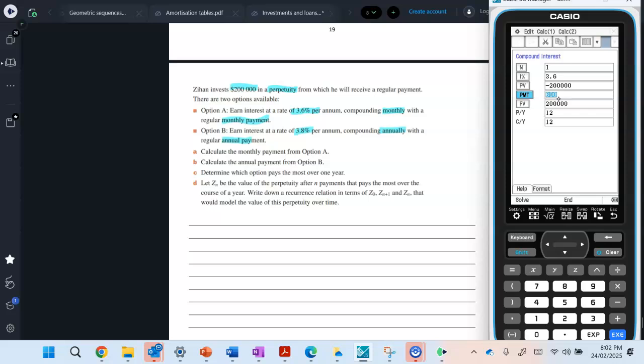Now, option B, we have a higher interest amount, so we're going to change that to 3.8. The amount's still the same, all right, but the compounding periods is annually, so we need to change this to 1 and this to 1 as well. So your payment is, so this is a yearly payment, which is $7,600.